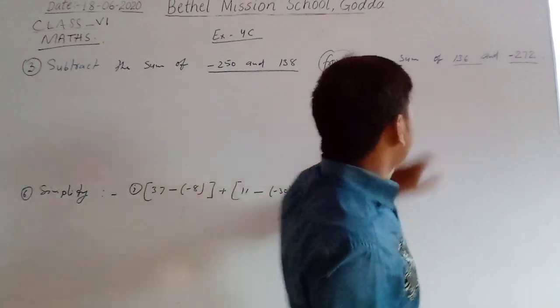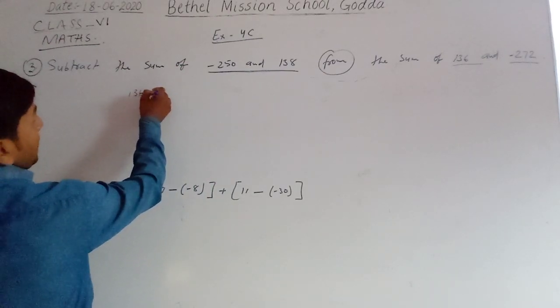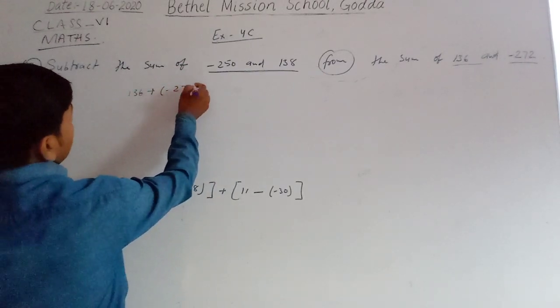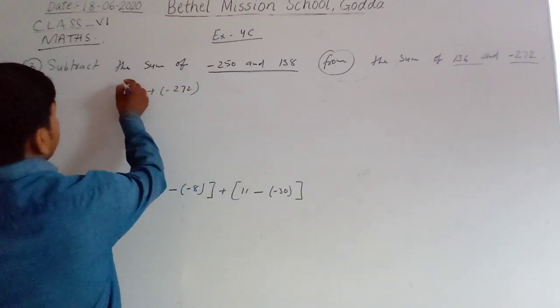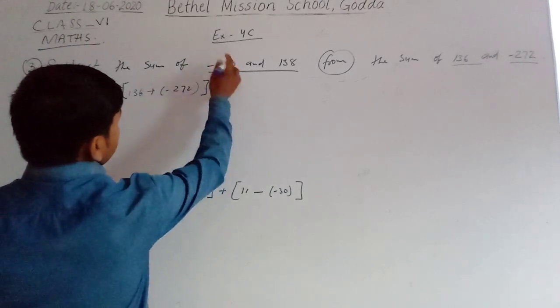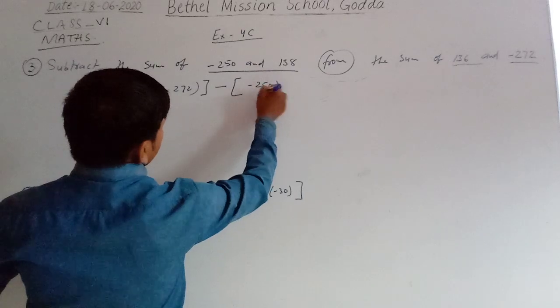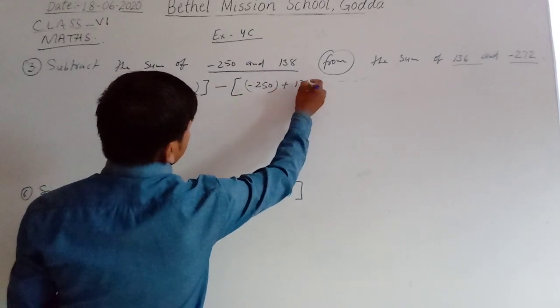First find the sum of both: 136 plus minus 272. And from this sum we have to subtract the sum of 250 plus 138.